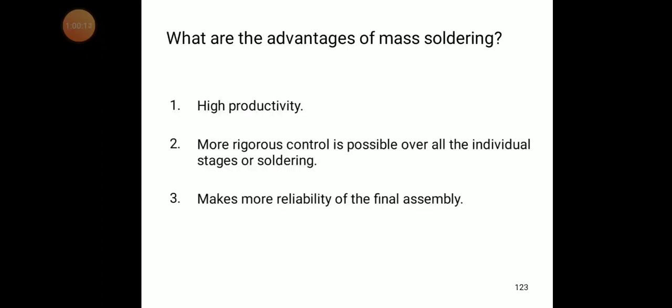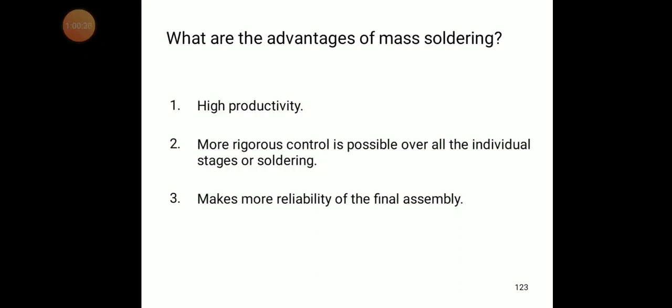So these are the advantages of mass soldering, as already discussed: high productivity, more rigorous control over all the individual stages of soldering, and more reliability of the final assembly.